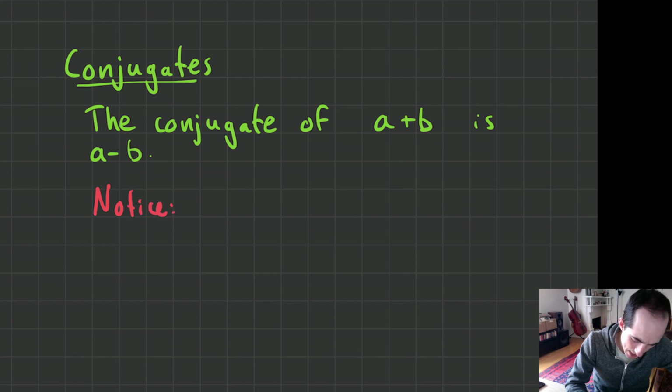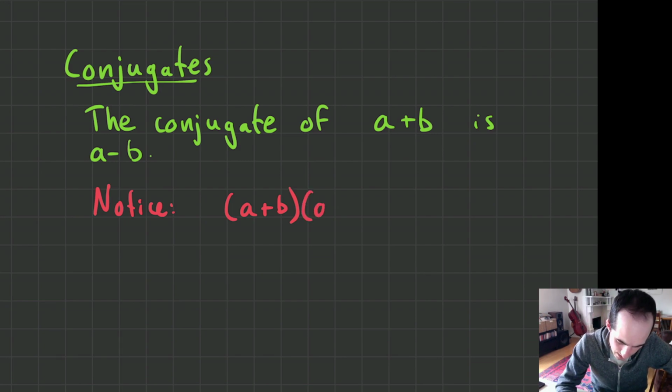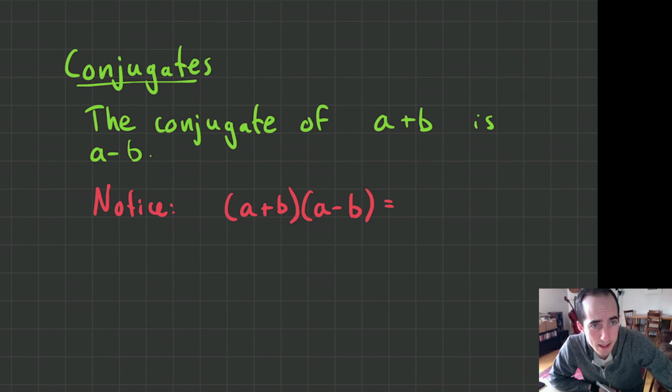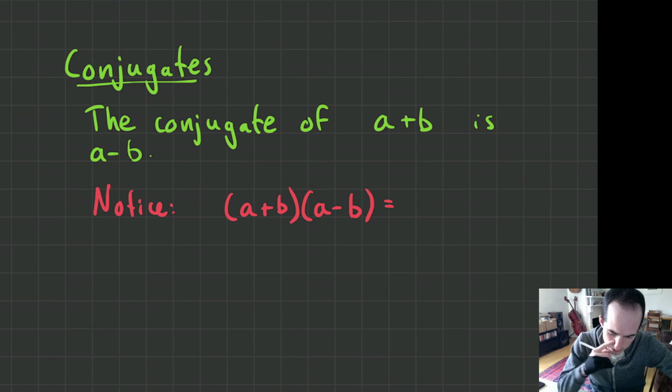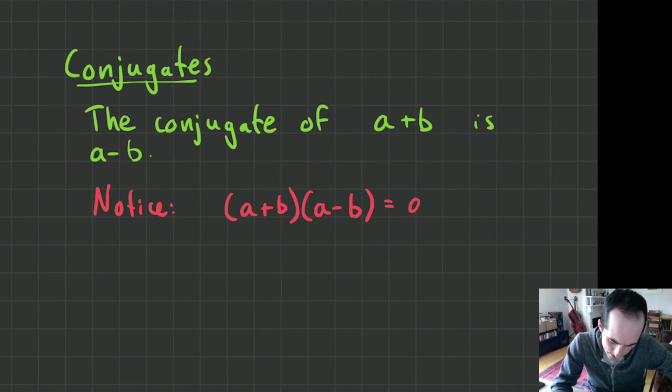So notice that a plus b multiplied by its conjugate, a minus b, you might know that this is going to be a difference of perfect squares. Okay, this will be a difference of squares. So take a look at this. a times a is a squared.